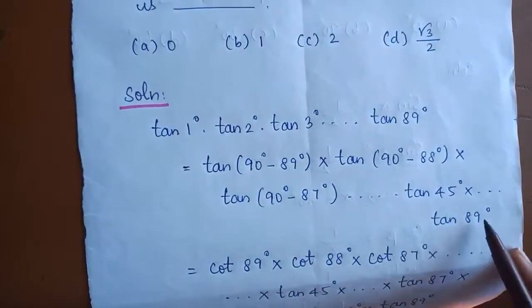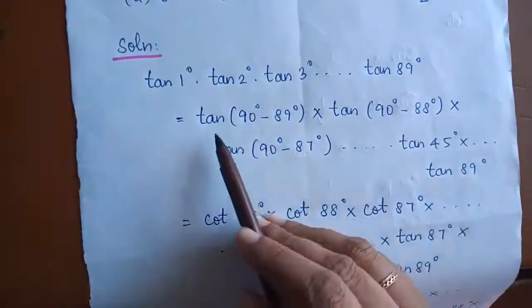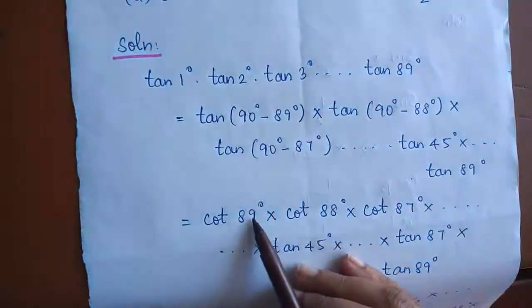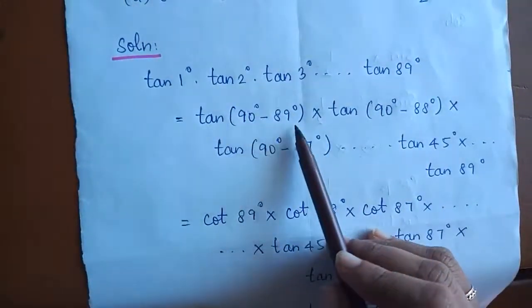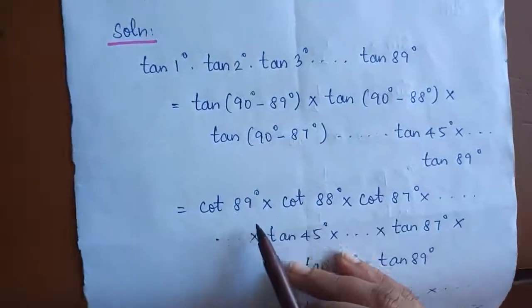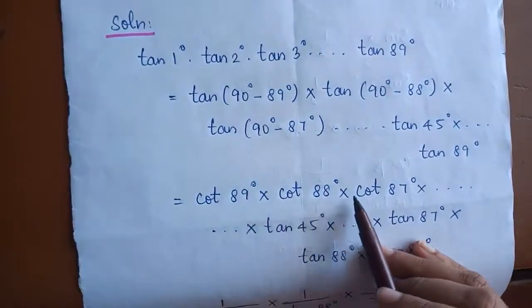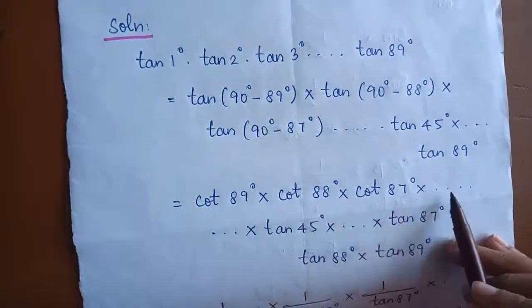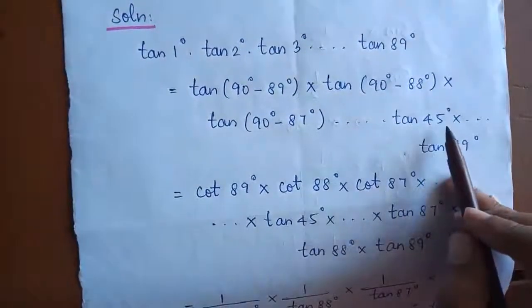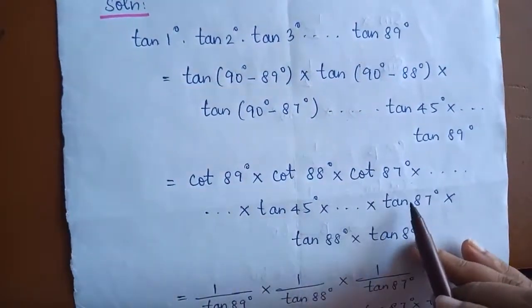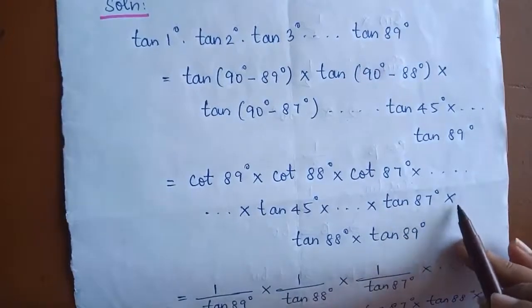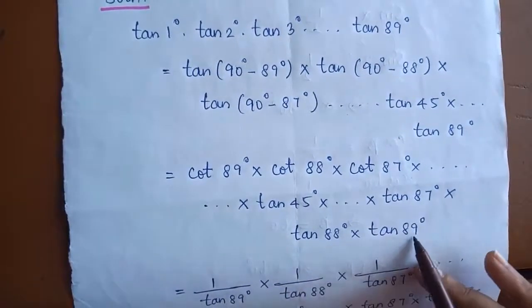Tan 89 degree. So tan 90 minus theta is cot theta. So tan 90 degree minus 89 is cot 89 degree into cot 88 degree into cot 87 degree into etc. up to tan 45 degree into etc. tan 87 degree into tan 88 degree into tan 89 degree.